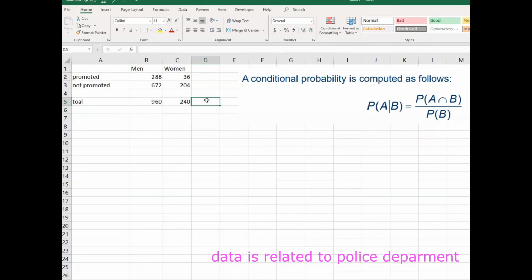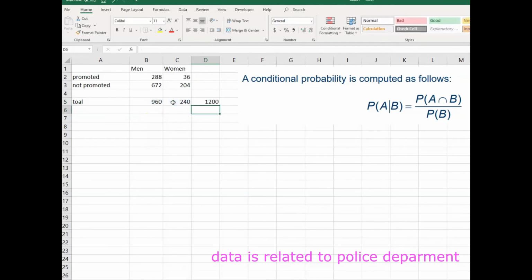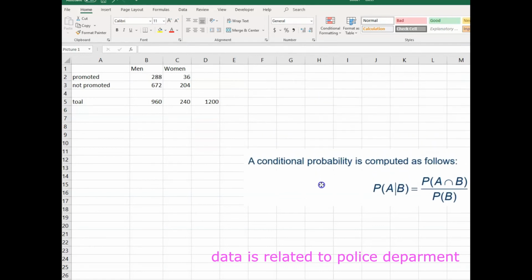So this is what I call grand total. Just call it grand total.